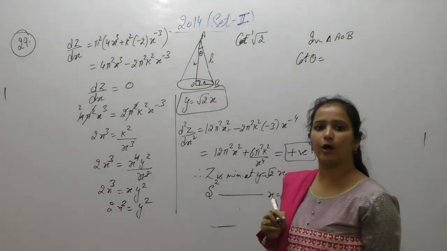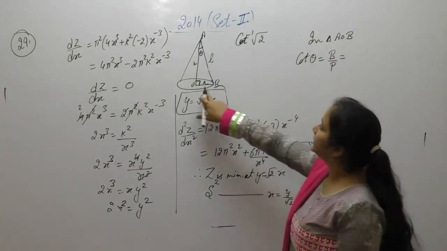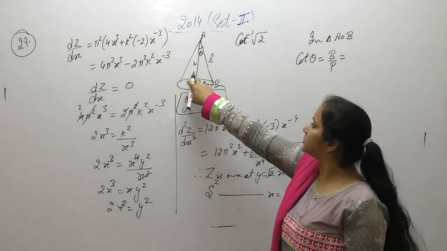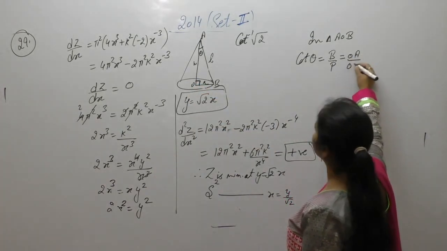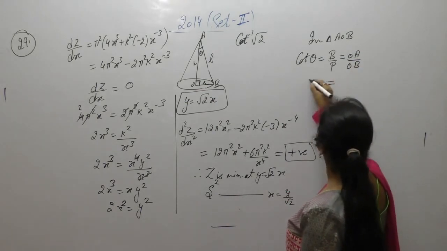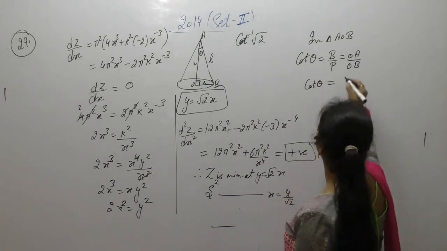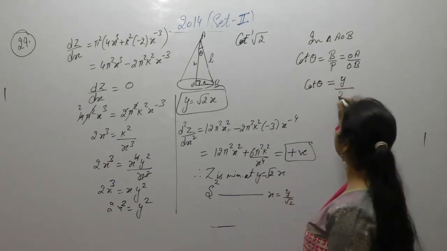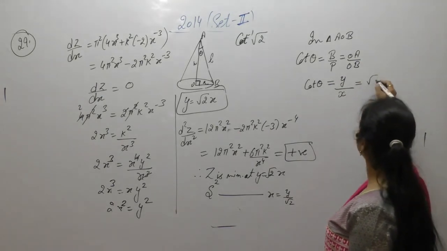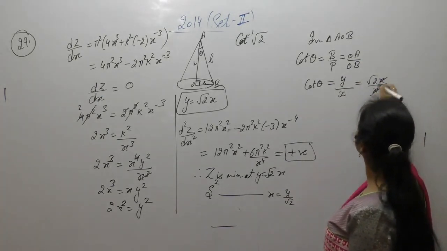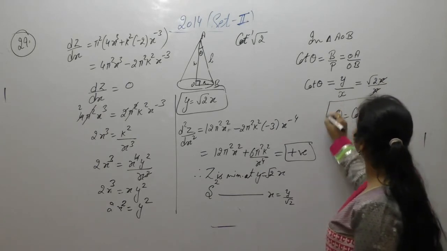Tan is perpendicular upon base, so cot is base upon perpendicular. Here the base is OA and the perpendicular is OB. So cot of theta, OA is height y and OB is radius, what did we assume? x. Now put the value of y, square root of 2 x. So theta is cot inverse square root of 2.